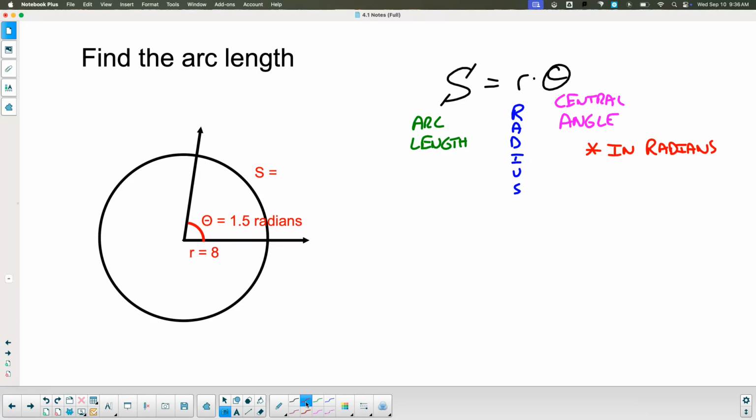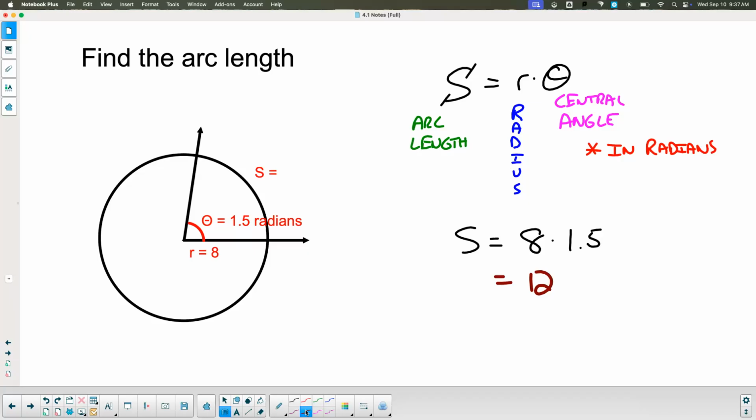So if we have here our central angle is 1.5 radians, I can use S equals R theta. We have the arc length, we have the radius. S equals R theta would just be 8 times 1.5, and 8 times 1.5 is, I believe, 12.